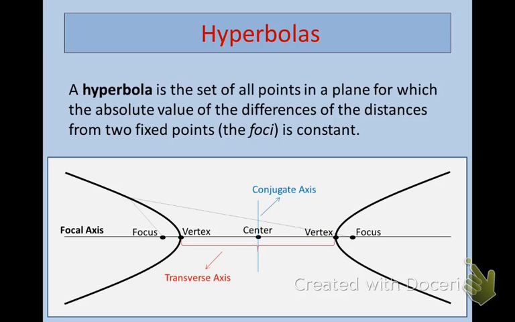That should remain constant. So in other words, if I were to take this line out to this focus and subtract this line from it, that distance that's left over would be the same for any point that I choose anywhere on either of these curves.